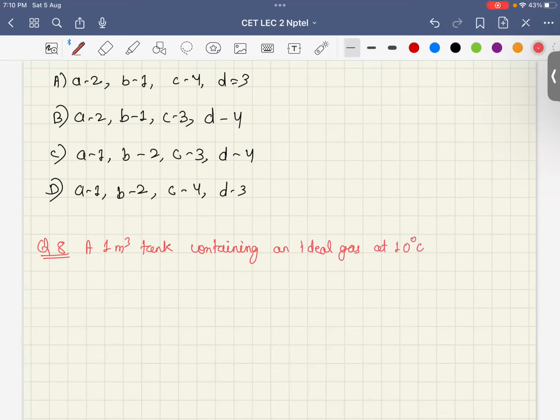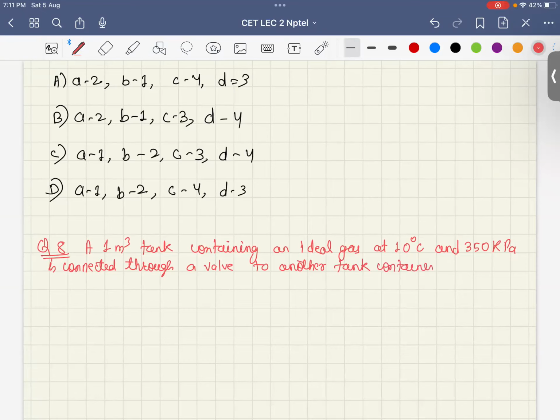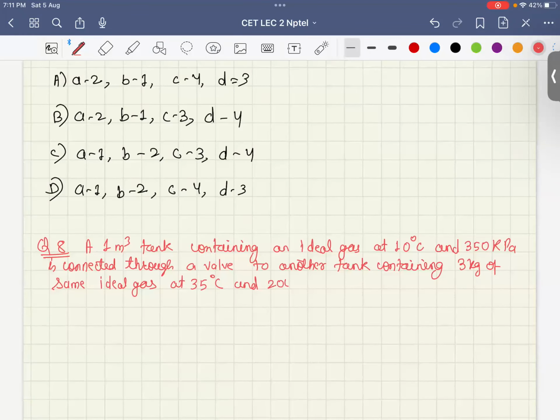At 10 degrees centigrade and 350 kPa, is connected through a valve to another tank containing 3 kg of the same ideal gas at 35 degrees centigrade and 200 kPa.